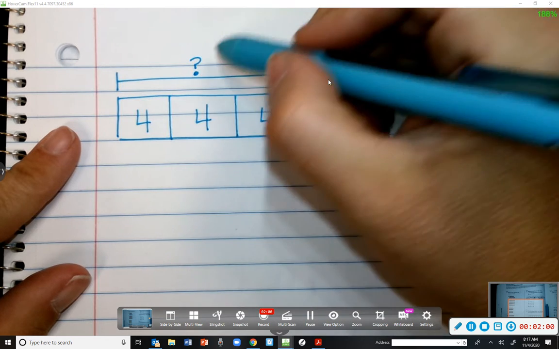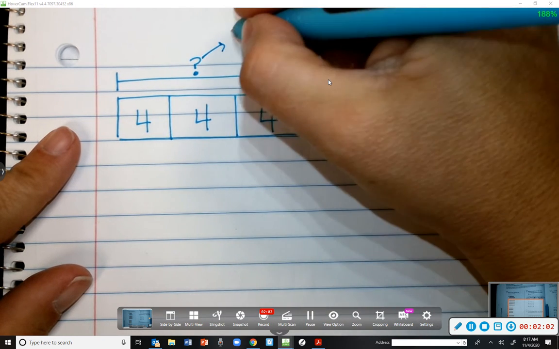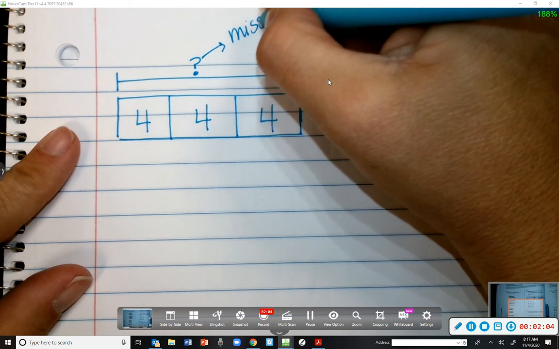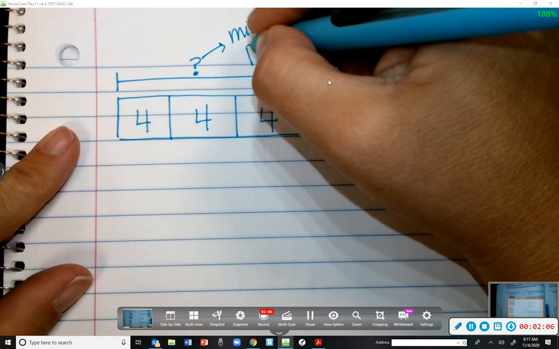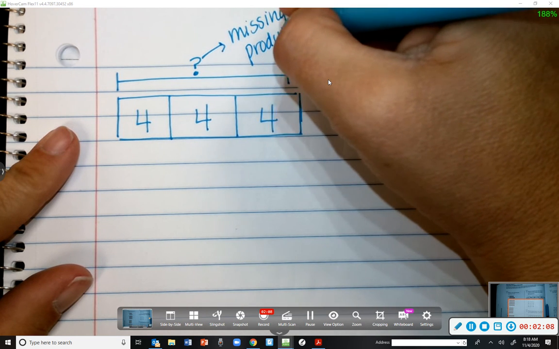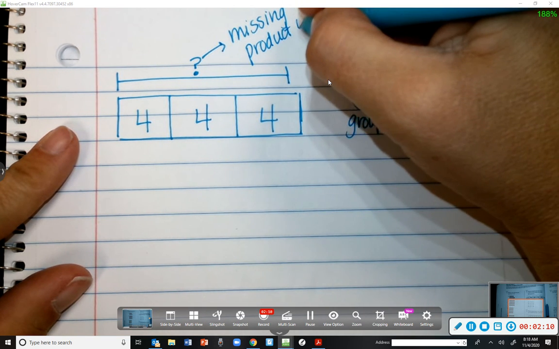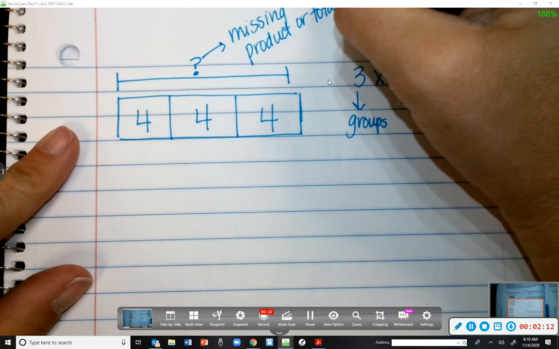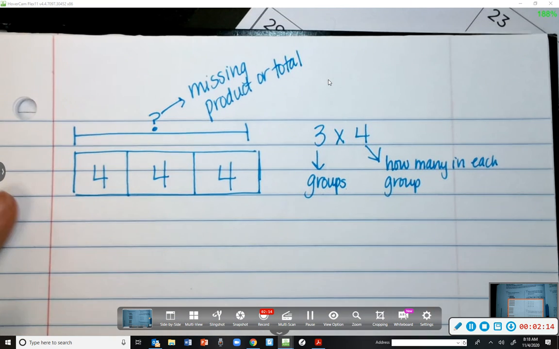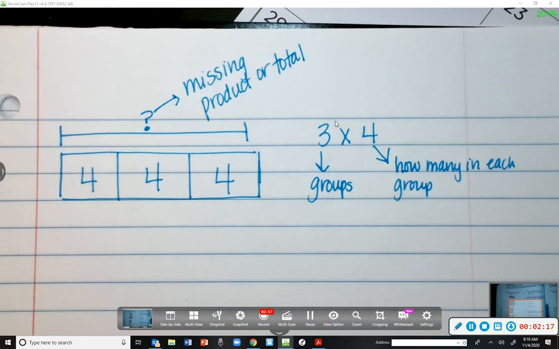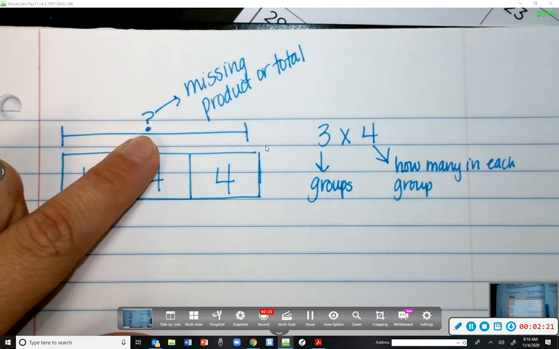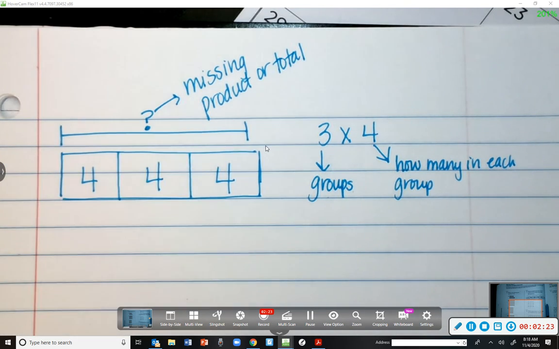Okay, and this represents your missing product or total. Okay? All right, so since we're doing multiplication, that's what we're looking for, the missing product. Okay? All right, so here's your first one.